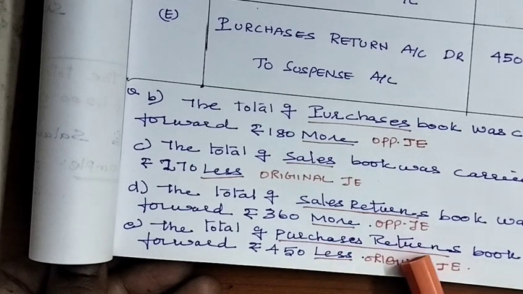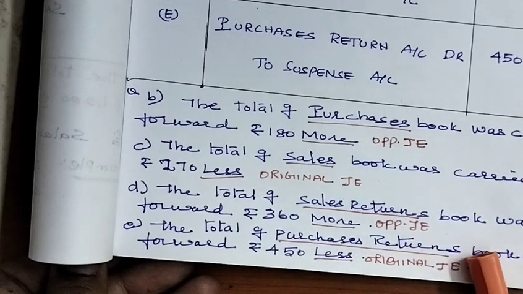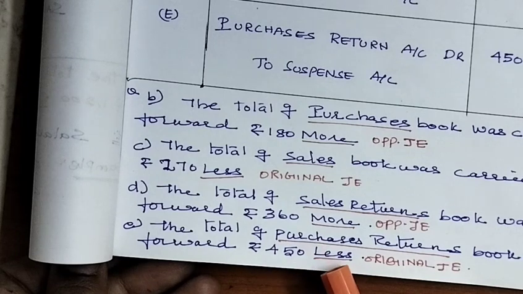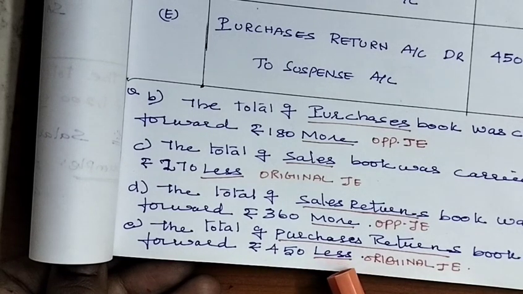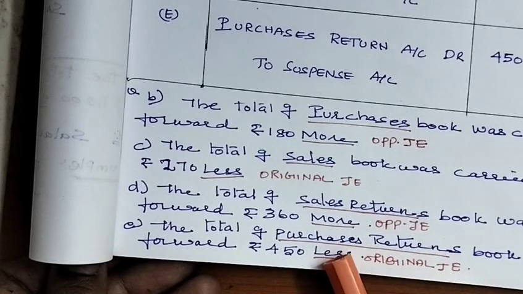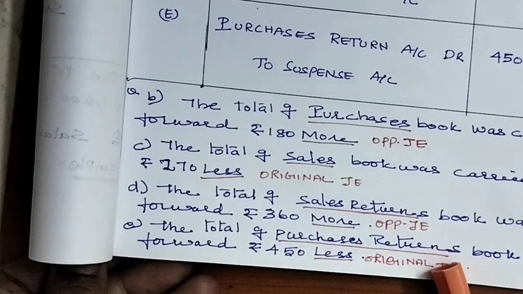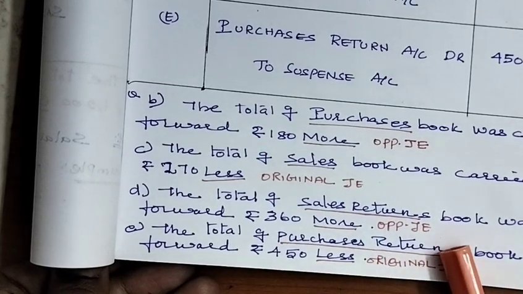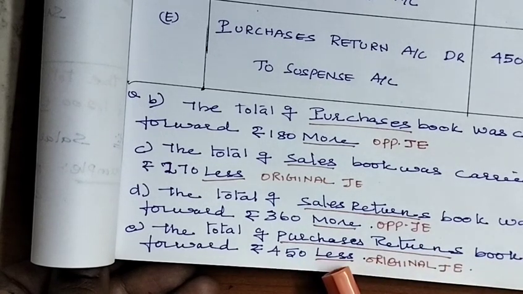What account is given here? Purchases return book shows 450 rupees less, decreased. So this is the error. How could you rectify this error? You have to follow the original journal entry for the purchases return book, and this error will be rectified.